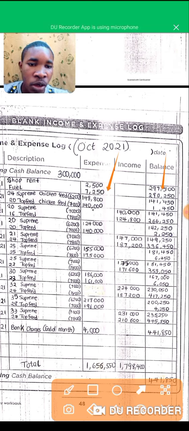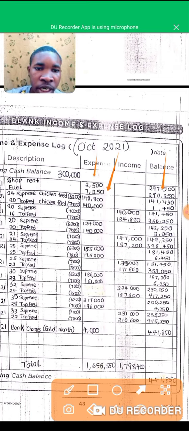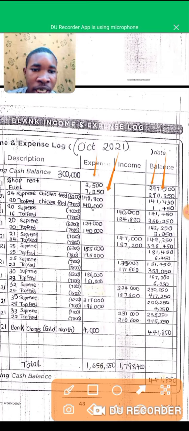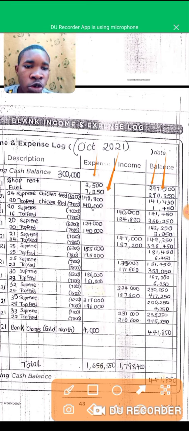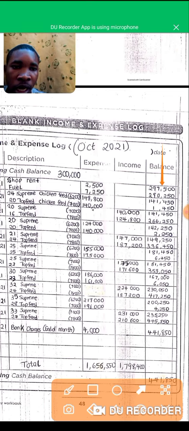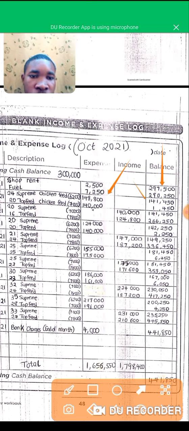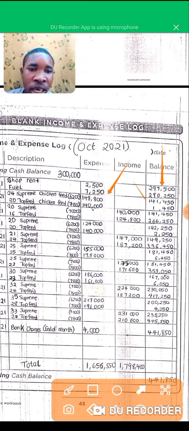Why is it 290,250 naira? Because we already paid shop rent for 2,500, and our balance here was already 297,500 naira. So 297,500 naira minus this 7,250, we get this 290,250 naira. I just hope you understand now.